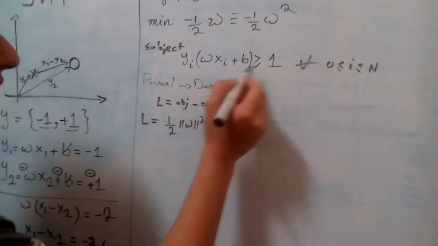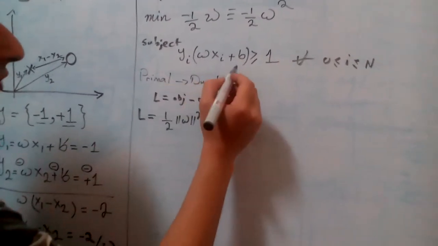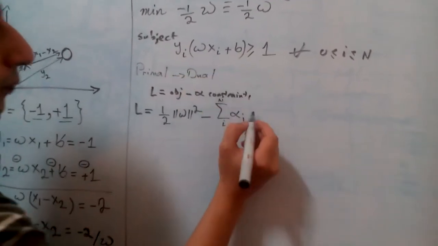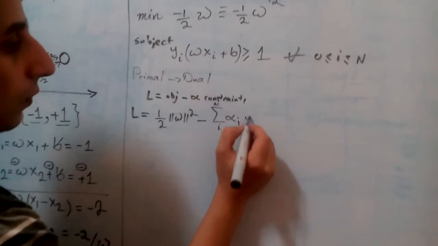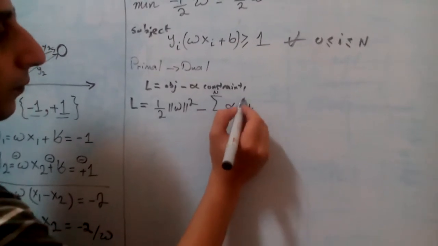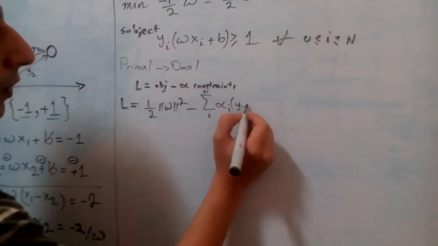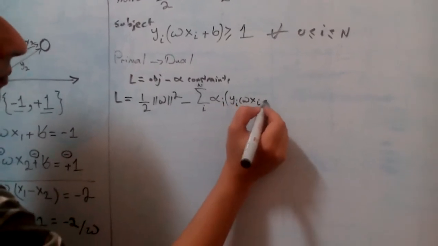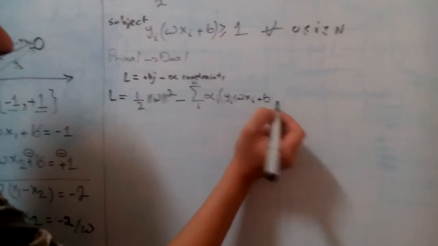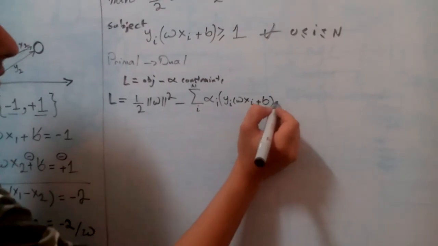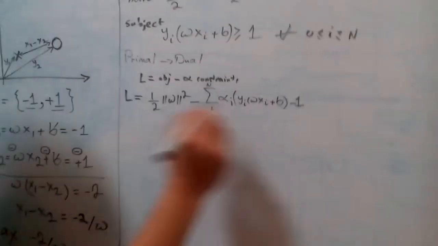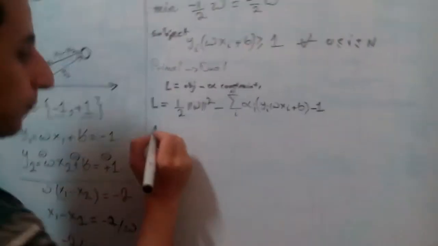Again for convenience let's bring the one to the right hand side. So this equation becomes y of i multiplied by omega x of i plus b, all minus 1. Let's simplify this form.